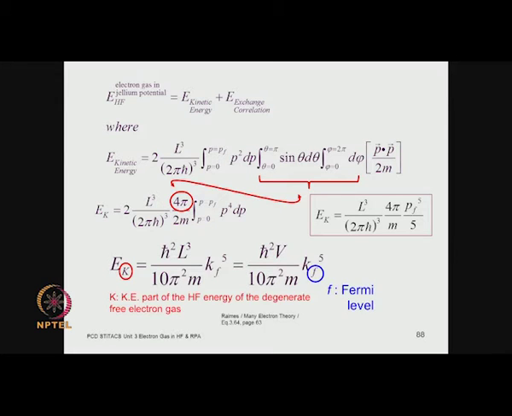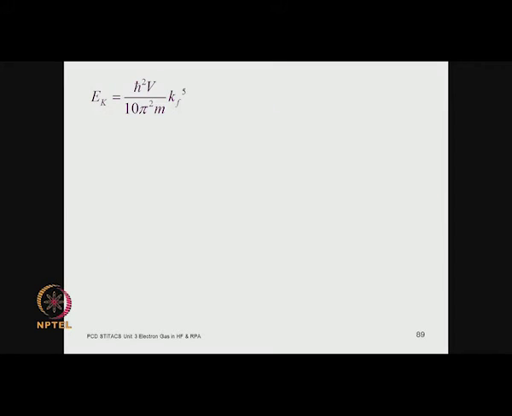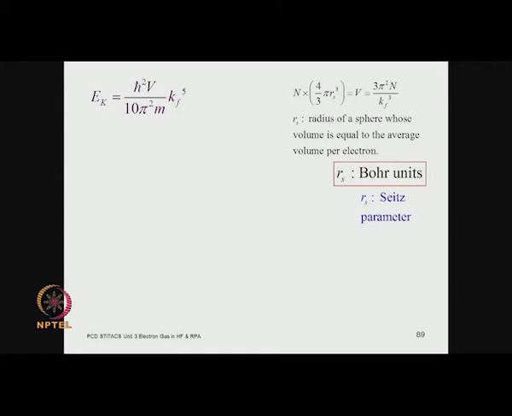And if you plug in the numbers, F is of course the Fermi energy, the Fermi level. And what we did was to estimate an average radius which an electron would have, in consideration of the total volume occupied by n number of electrons.